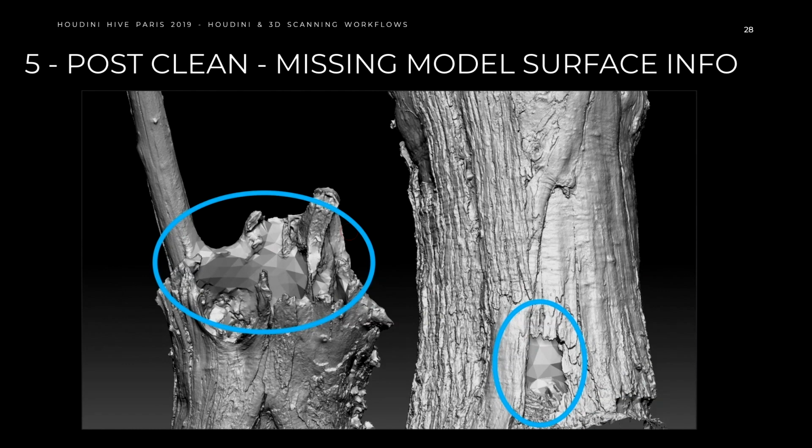But these parts are also missing in the model. So we need to clean the geometry too. The actual workflow that some scanning artists use is this: at this moment you have some areas of the model that are very detailed and other areas that are missing.